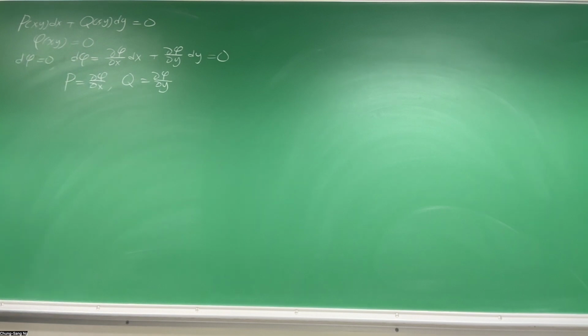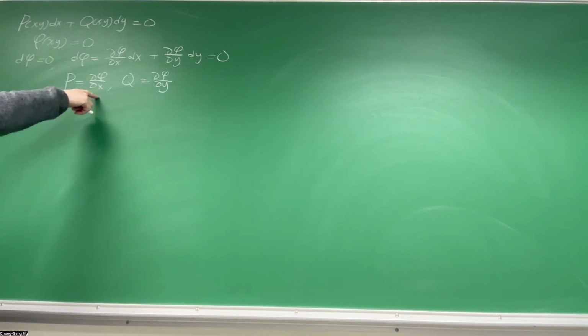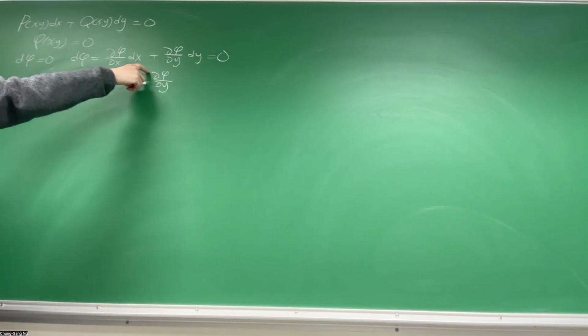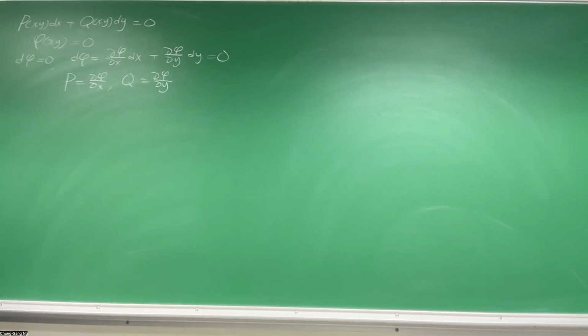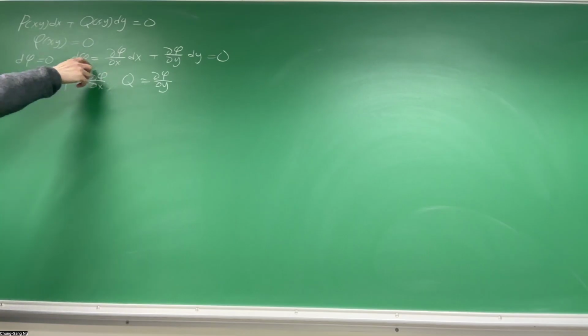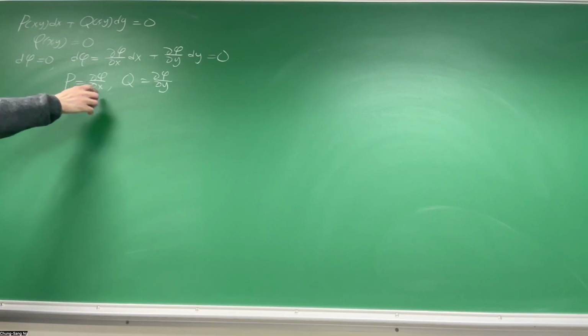then it's exact, where p is given by the partial derivative of a function, and q is the partial derivative with respect to y of the same function. Then to check whether this is true, you just take another derivative.